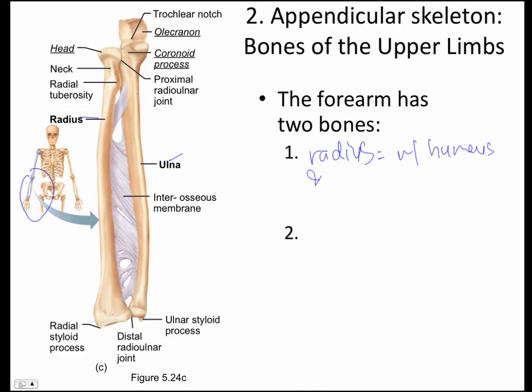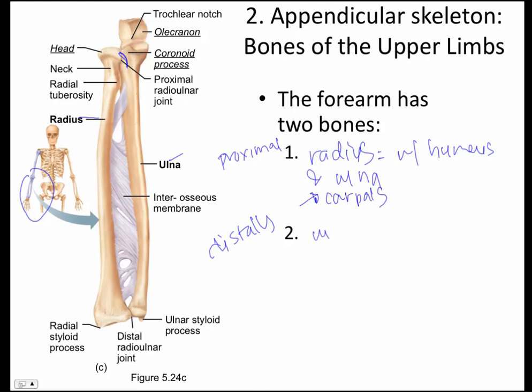And it also articulates proximally, so this is proximal, with our ulna. Distally, our radius is going to articulate with the carpals of the hand.